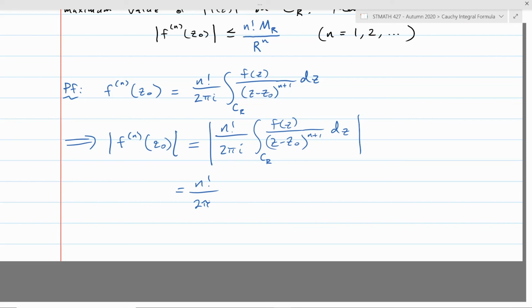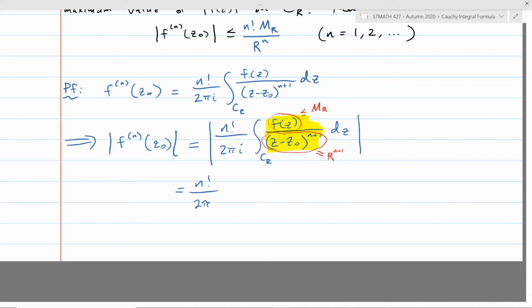So if we look at the function that we're integrating, the numerator part, just by hypothesis, is less than or equal to this m sub r. But the denominator part is actually identically equal to r to the n plus 1, because those values of z are on the curve c sub r. So z minus z0 is actually equal to r. And then we know how to compute the length of the curve.